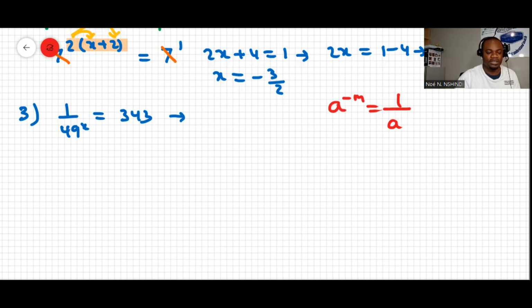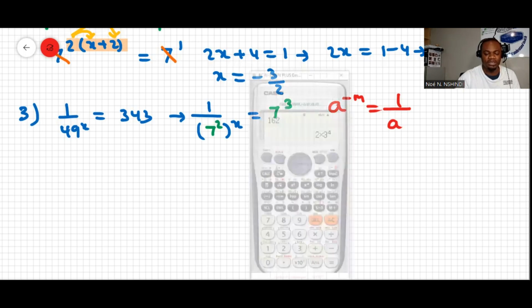let's first write 1 over 49 is 7 squared. It is 7 squared, and then 343 is 7 raised to the power of 3. Okay, you can check that in the calculator.